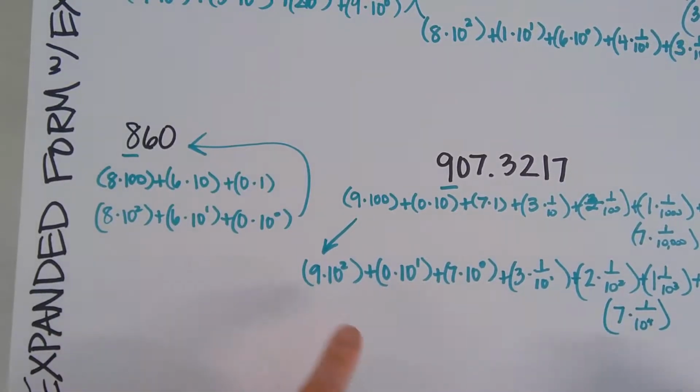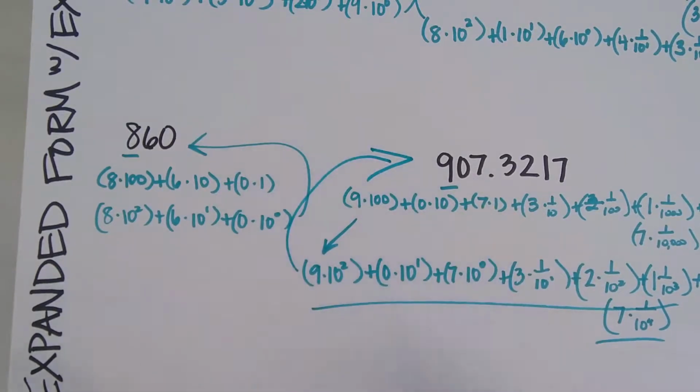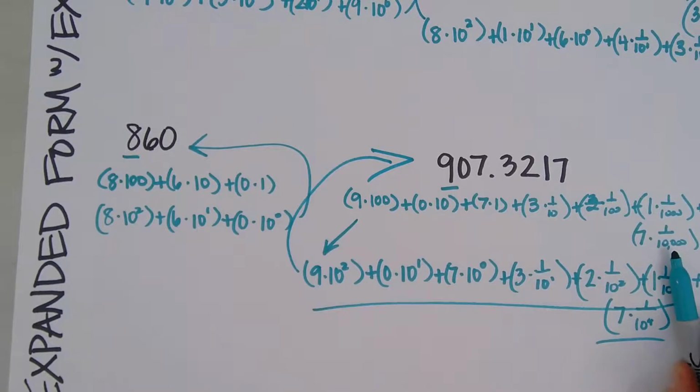I still ran out of room. All right, and all of this would be the expanded form for 907 and 3,217 10,000ths.